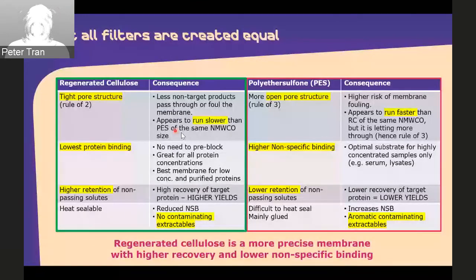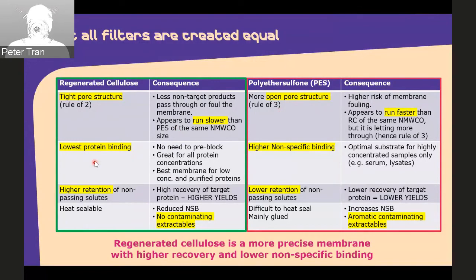The ultrafiltration membrane is not an absolute cutoff; it's nominal, and therefore you normally apply a window cutoff. For the RC membrane, there's the rule of 2. You need to choose a molecular weight cutoff that's 2 times smaller than the molecular weight of the target protein, right? But the PES has a more open pore structure, so you normally apply at least the rule of 3.